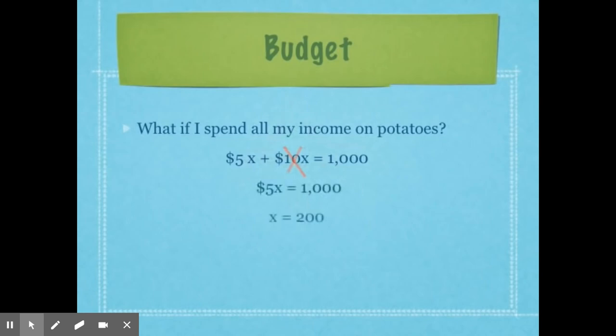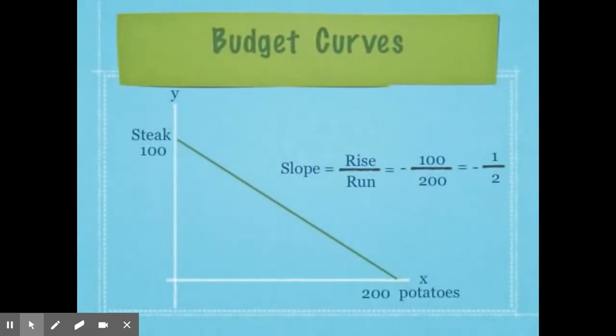It looks something like this, and I have 200 pounds of potatoes. A lot of potatoes. So we can plot this line. If I spend all on steak, it's 100 steak. All on potatoes is 200 potatoes. I can easily calculate the slope of the line, which is -1/2.